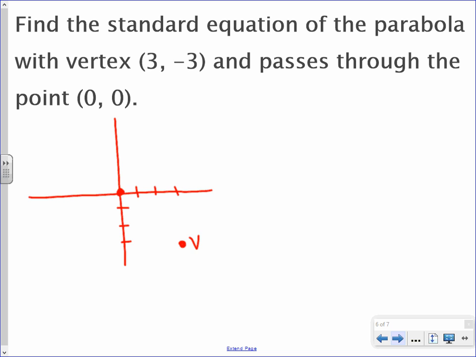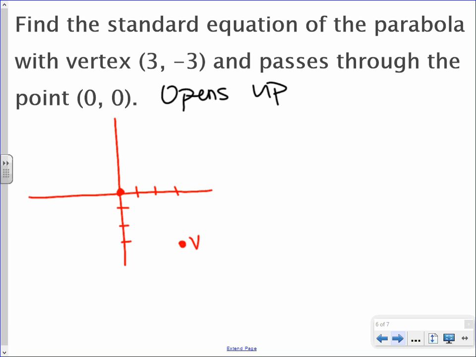Okay, could this open up? Could this open left? Probably just need to know that, don't we? Okay, what do you want to go with? You want to open up? Okay, so I'm going to add opens up.